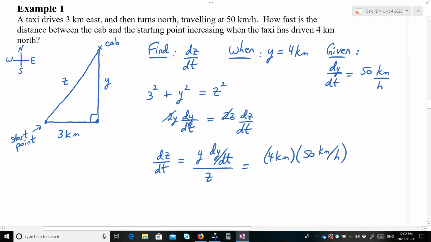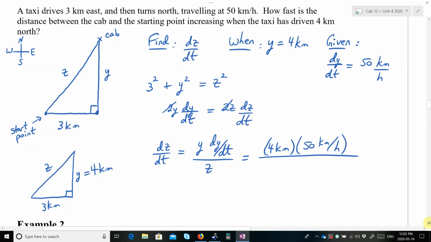And at the moment we don't know what z is, but we can figure it out because what you do is you solve for z at the instant the y hits 4 kilometers. So we would have 3 kilometers here. Y will hit 4 kilometers at some instant, and then we can figure out z using Pythagoras.